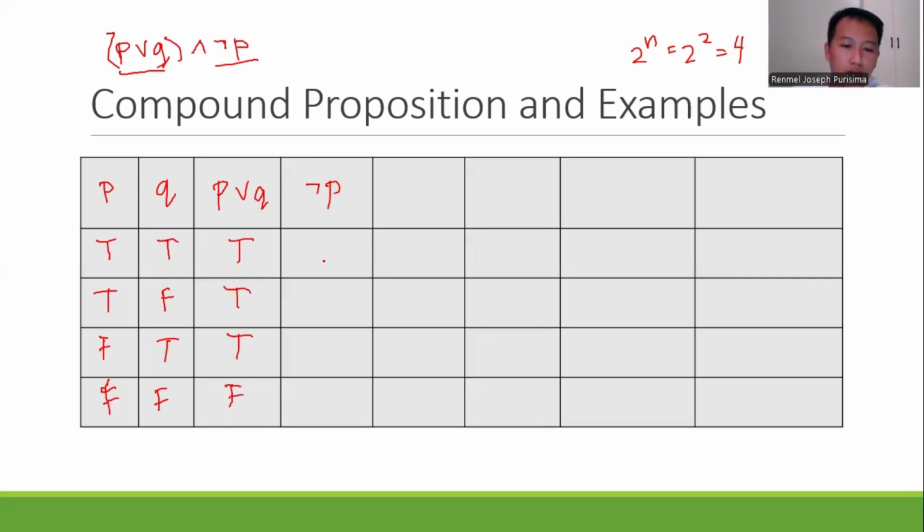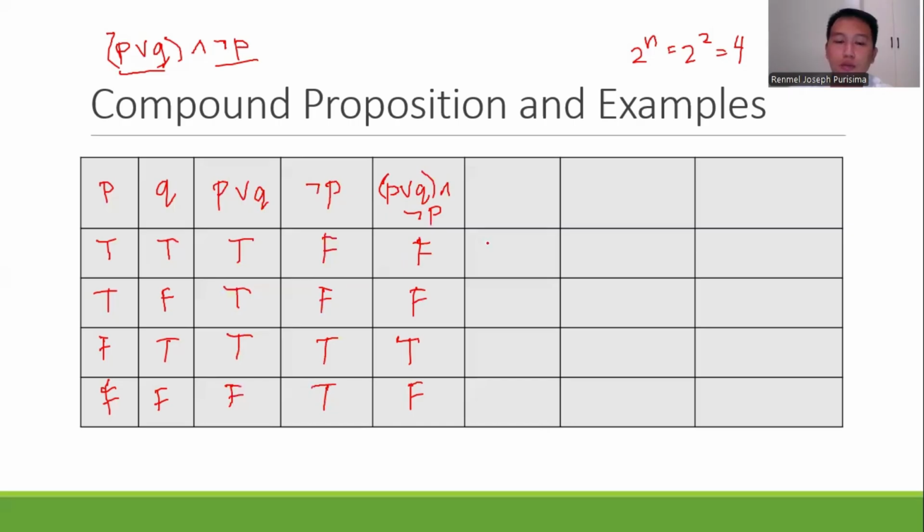And for this, we have false, false, true, and true. And lastly, we can now combine those two. So we have P or Q and not P. Since it is an AND, it must be both true. So this is false, false, true, and false. So we have that.